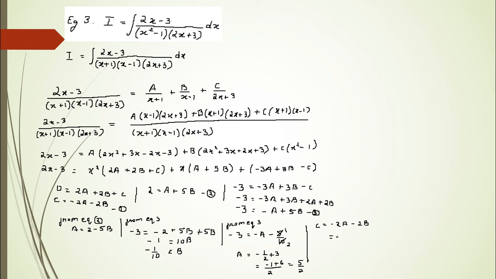Therefore this is equal to minus 2 into 5 by 2 minus 2 into minus 1 by 10. So this is equal to minus 5 plus 1 by 5. And this will be equal to minus 24 by 5.